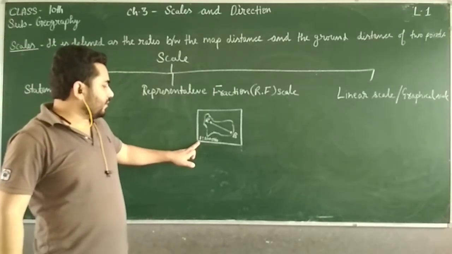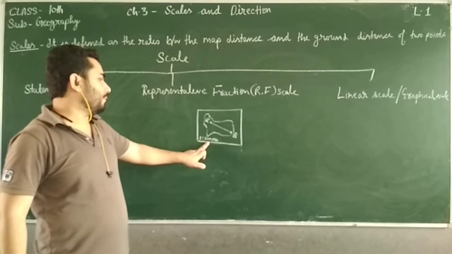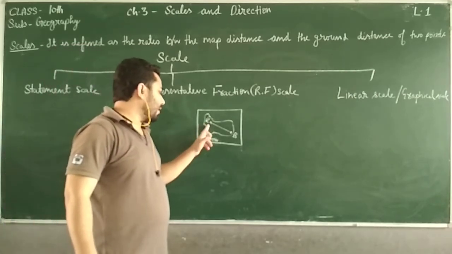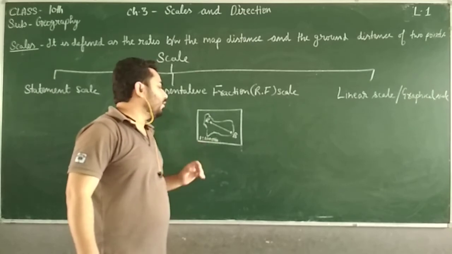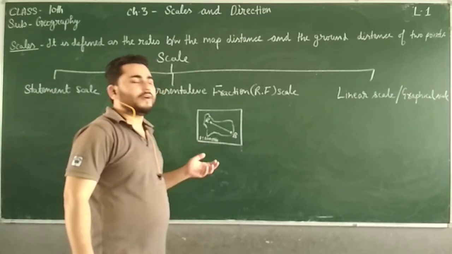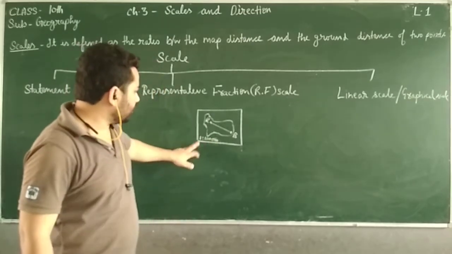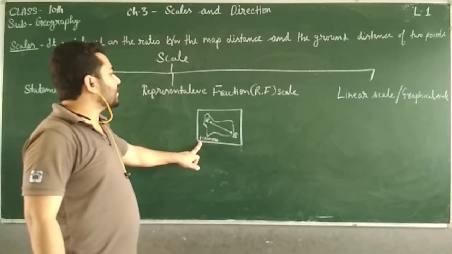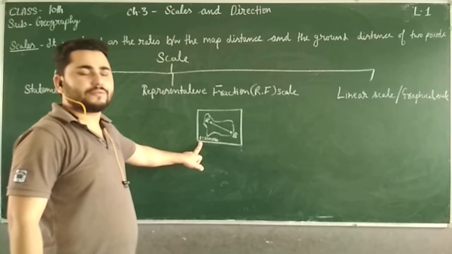You are supposed to find out the distance between Rampur and Balia. How will you find the distance, and what is the meaning of this? This is the representative fraction scale, RF scale.